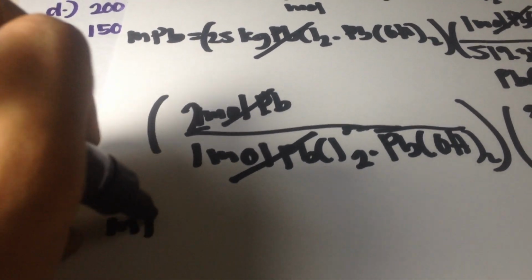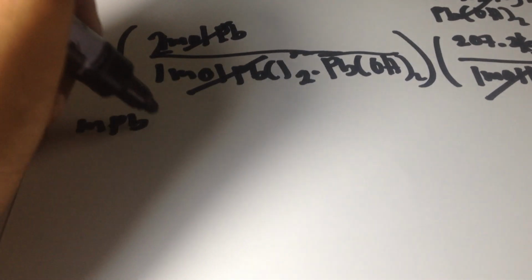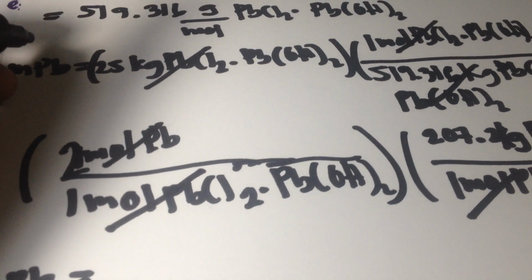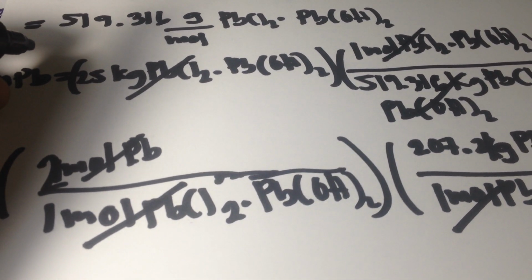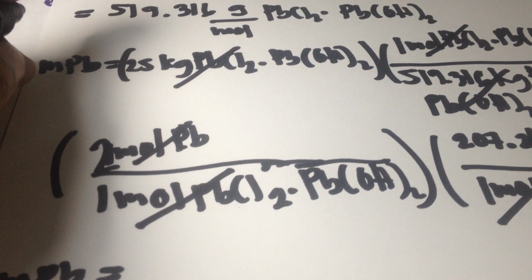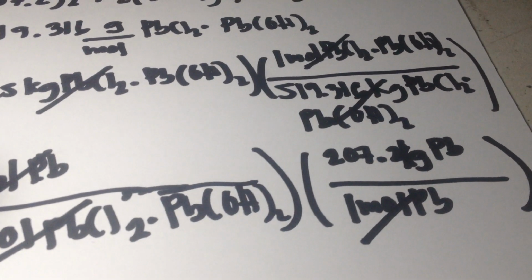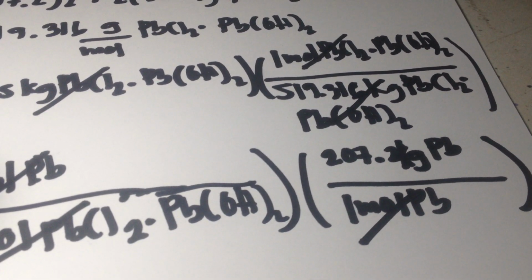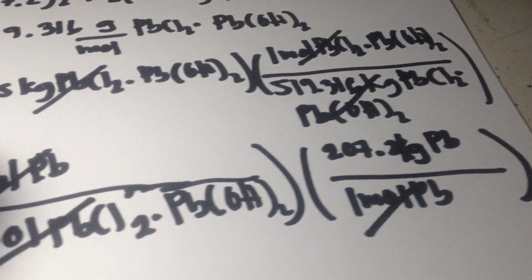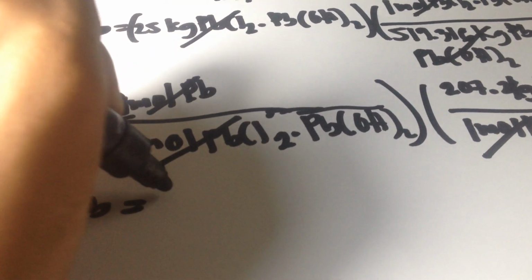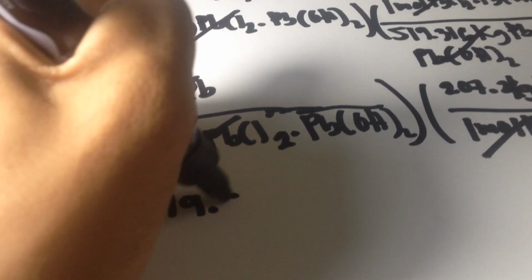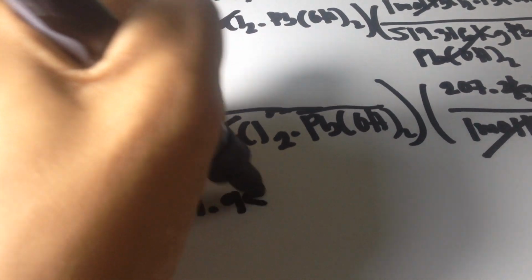So the mass of lead is equal to 25 kilograms divided by 519.316 times 2 times 207.2, which is equal to 19.94 kilograms of lead. So that's it.